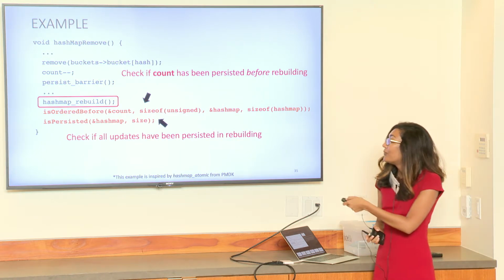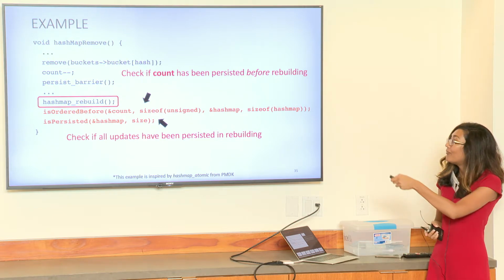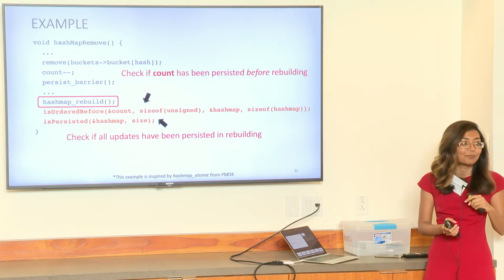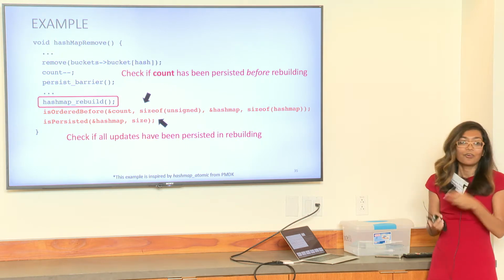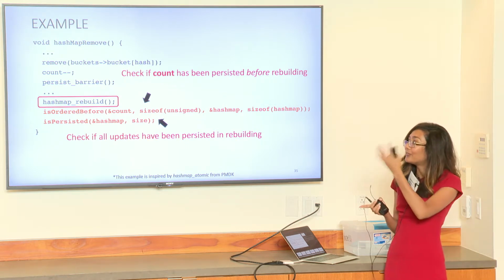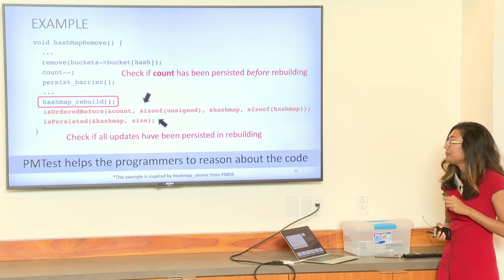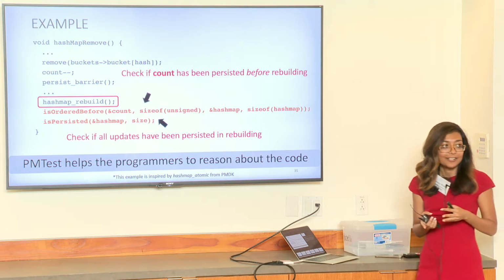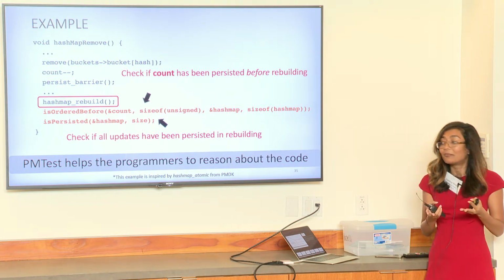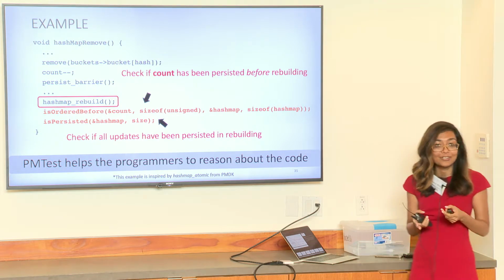We can just use isPersisted to check what happened within that hash map function, because the programmer may not want to go through that function to figure out what happened. So the low-level interface lets programmers reason about what the code is actually doing.